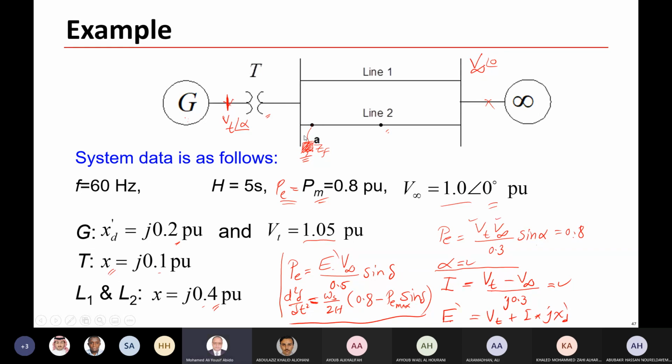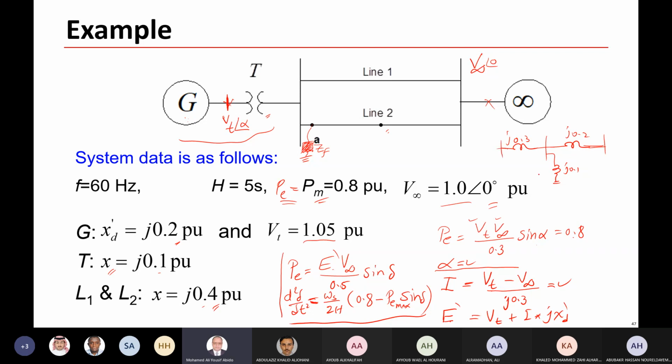So in this case, you have to convert from Y to delta. This is combined together, so it is 0.3 reactance here. At this bus, you have a fault impedance j0.1, and these two lines are j0.2 to the infinite bus.